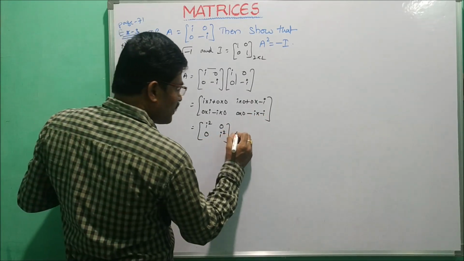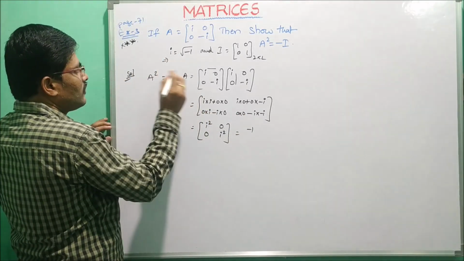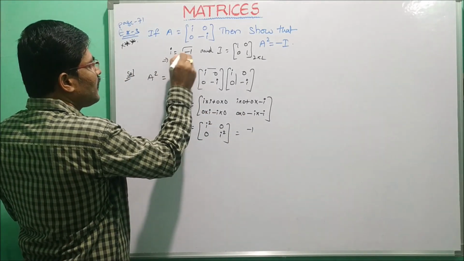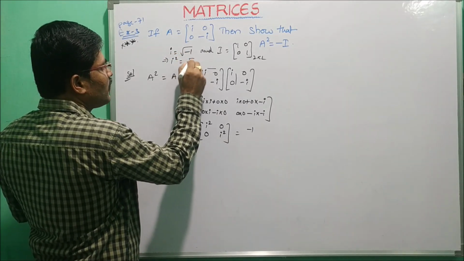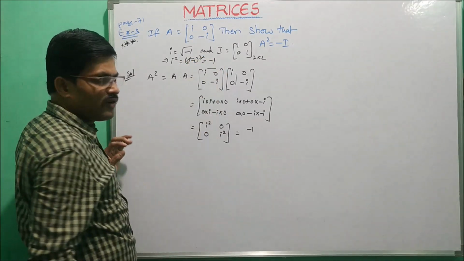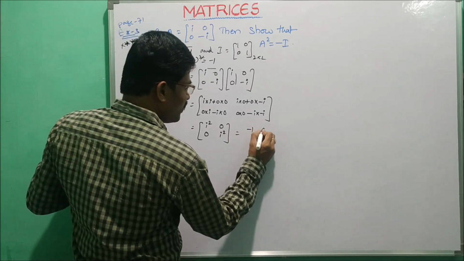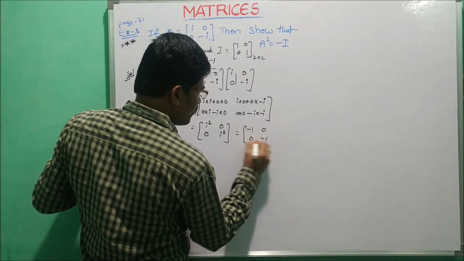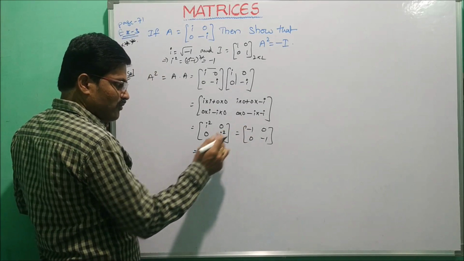Clearly we have to observe i square, as already discussed. Here i equals square root of minus 1, squaring on both sides, square root and square cancel. The value of i square is minus 1. Now we substitute the i square value, minus 1, 0, 0, minus 1. Clearly we have to observe that in this we have taken minus 1 common.